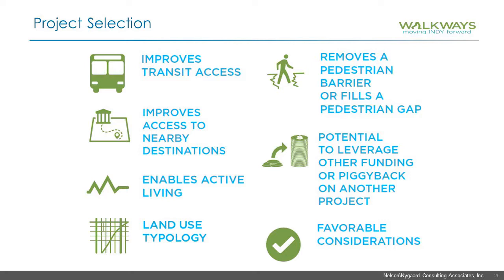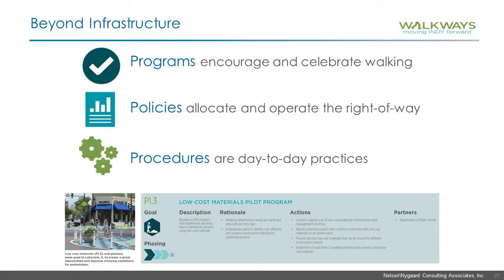And one of the factors in favorable considerations is the presence of organized interest, if you will. So having a strong neighborhood group, having a community of maybe a business development district that is clearly invested in that as well. And so then I think I may have said, but there are nearly 40 programs, policies, and procedures referenced.